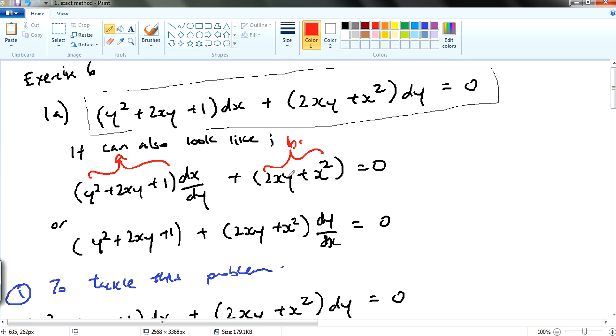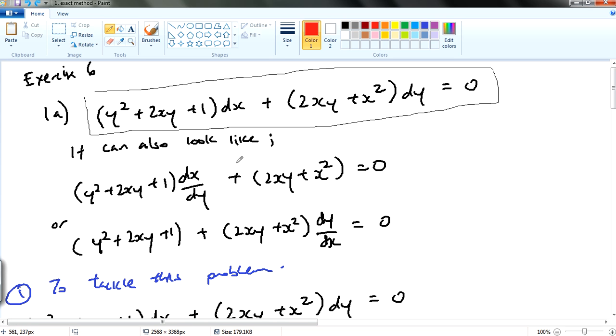You see that A is equal to B. So how do you do it? An exact differential equation can be represented in terms of this form or this form.